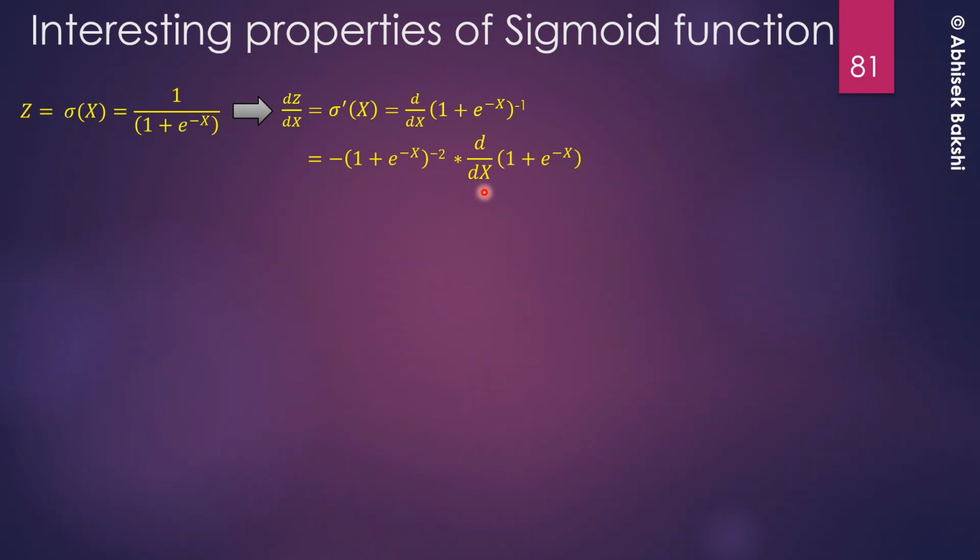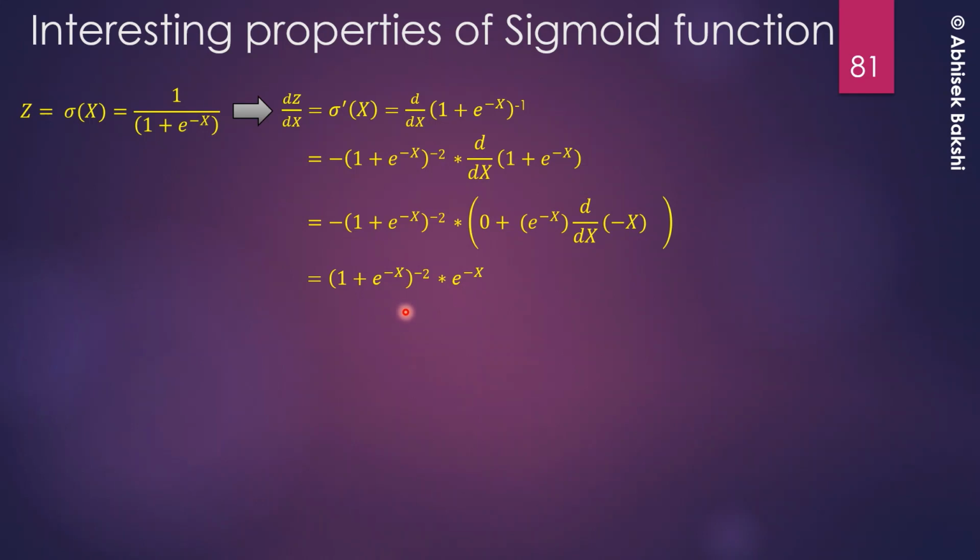So let's proceed further. Here we can find the derivative of the first part and the second part individually. The first part is a constant, so the derivative of a constant is 0, you all know. That's why 0 plus, again we can apply a chain rule, like derivative d dx of e to the power minus x, that means e to the power minus x, then d dx of minus x, right? And this side remains the same, there is no change here because it's already outside the derivative.